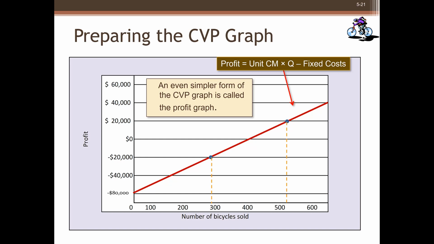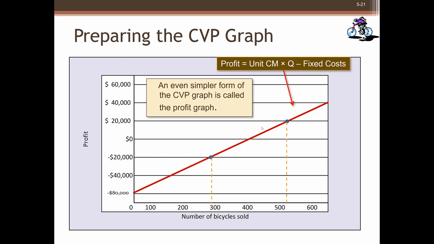Sometimes we can just use a simpler form of the CVP graph, which is the profit graph. We only draw the line for profit. Based on the equation, profit equals unit CM multiplied by Q, keeping in mind Q is the quantity sold, minus fixed costs.